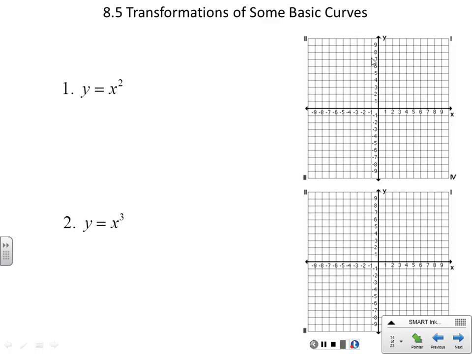Now we've already discussed that y equals x squared. You know that that's going to be a parabola. And a basic curve means that you don't have an h and you don't have a k. So the origin, or the vertex, starting point, whatever, is always going to be 0, 0. If you don't have an h and you don't have a k, it's 0, 0. So the vertex for this one is going to be 0, 0.